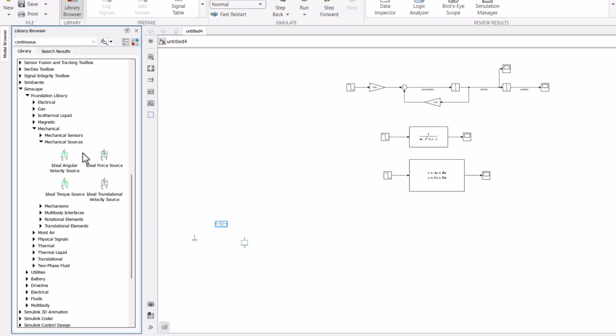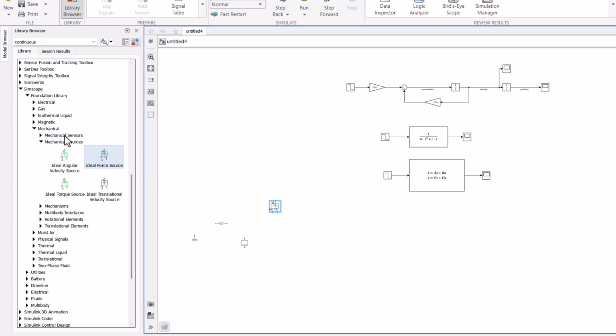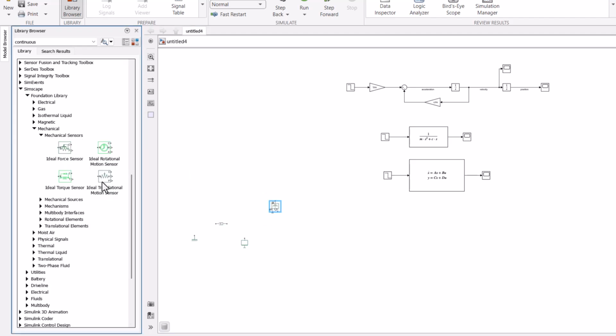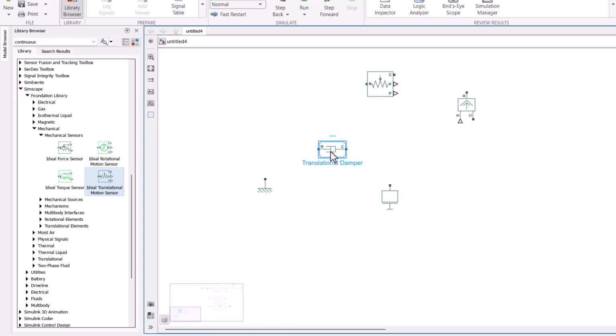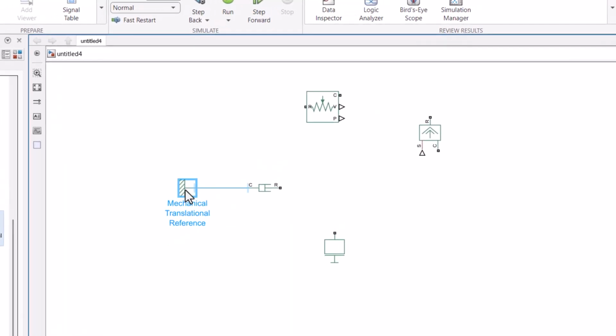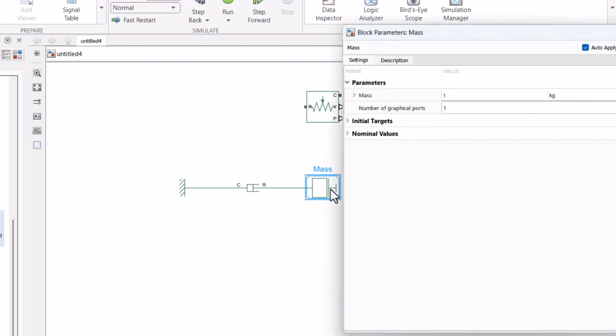I also need, from mechanical sources, an ideal force. Also, I need a translational motion sensor. So I press Ctrl I, I connect the C port to my reference. I connect the mass to the damper. I double click on the mass and set it to 0.5 kilograms with 2 ports.